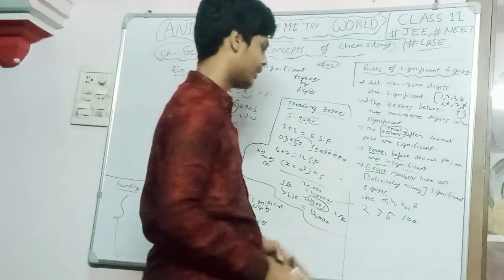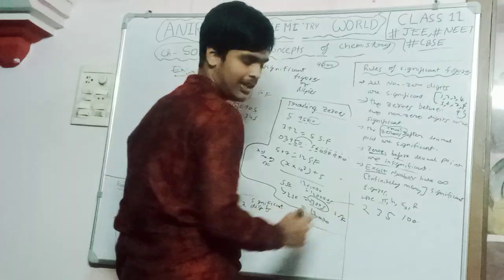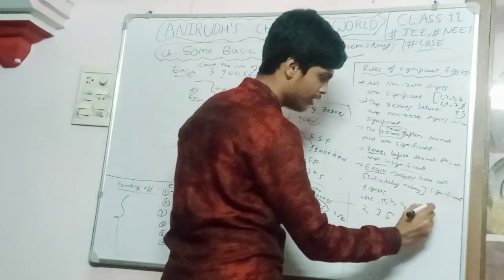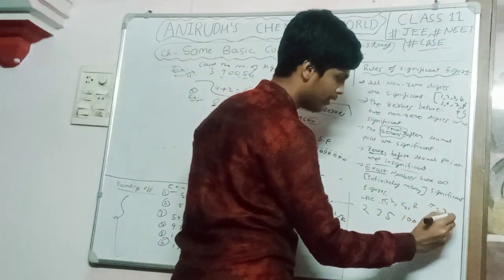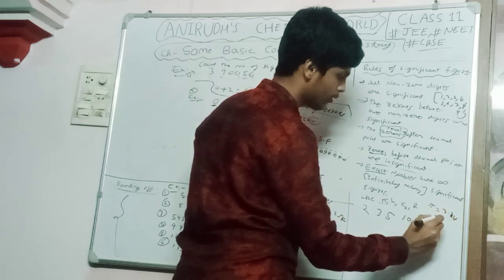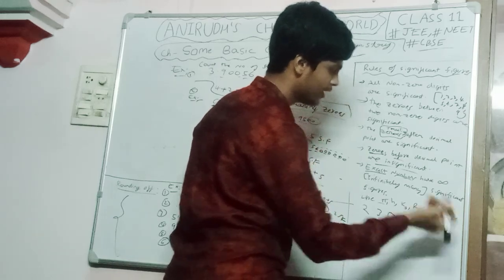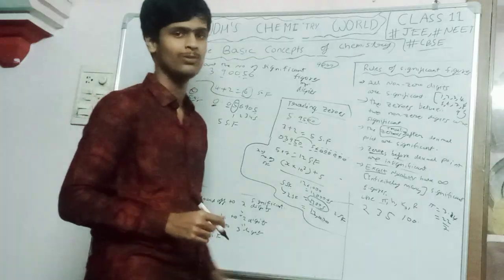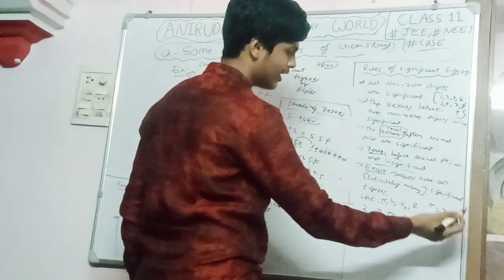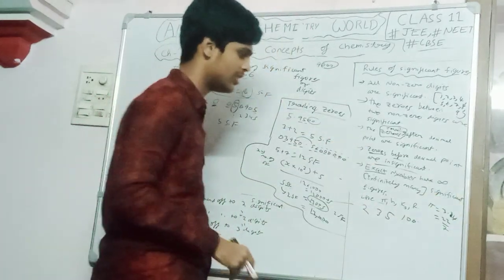Like here, pi is a constant value. What's the value of pi? Pi is 3.14, or 22/7. This 3.14 is an exact value. After 14 you can keep any number of zeros.